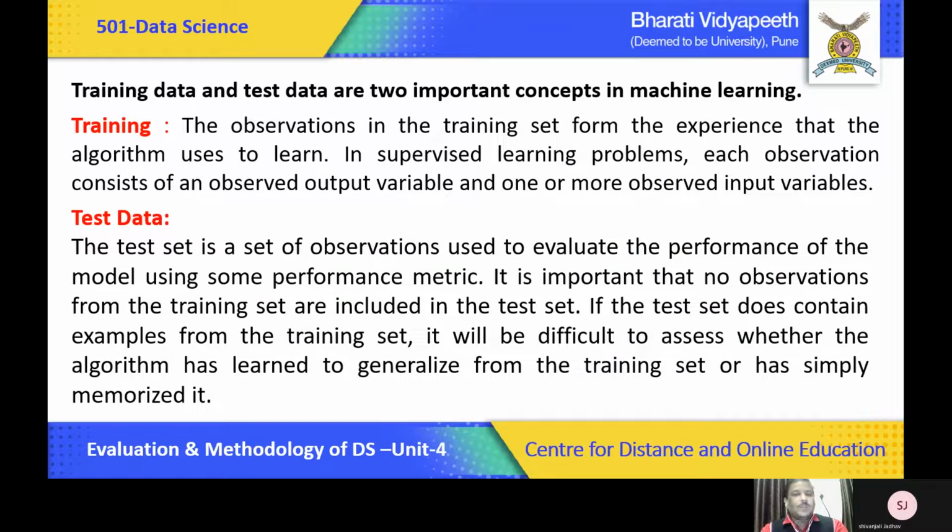So you can go for observations in training. Training data and test data are two important concepts in machine learning. The first is training data, which is called trained data, and the second is test data, which is the data that has been tested. These are two important concepts in machine learning, right? The input is your trained data that you give as input, and whatever process we have in the machine learning model gives you different kinds of data, or what we call a result.